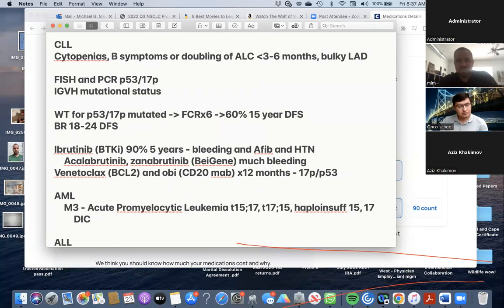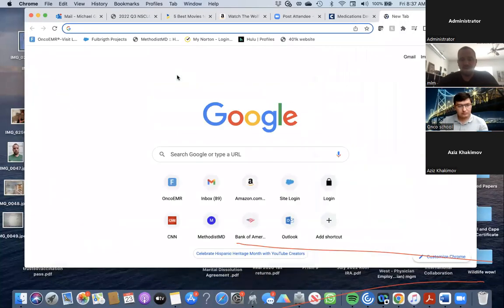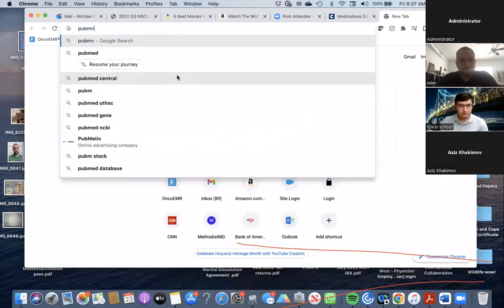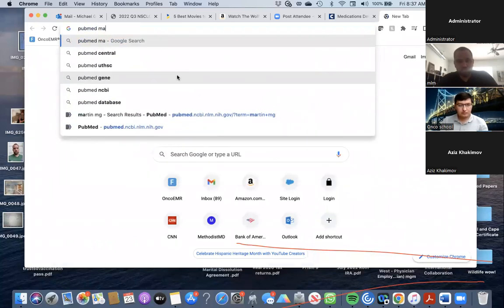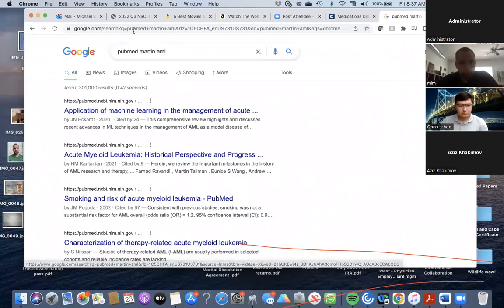I can send you a paper I wrote on the acute management of AML rather than blabbering on about it. I can just post that link to you right now. Hold on, let me just go to PubMed.